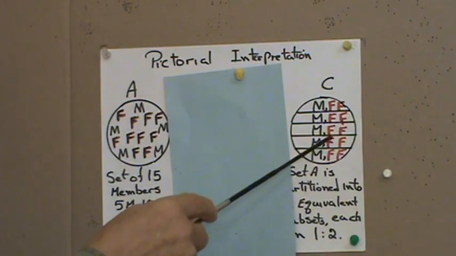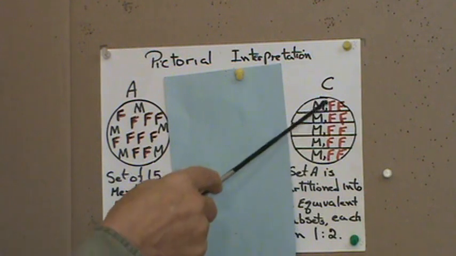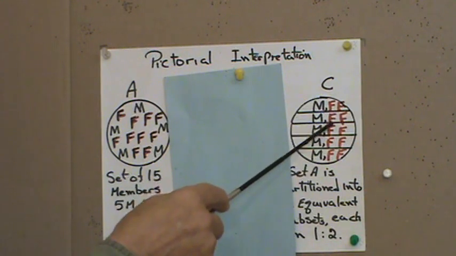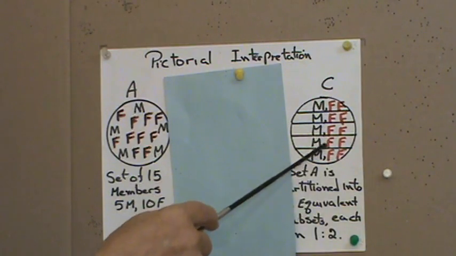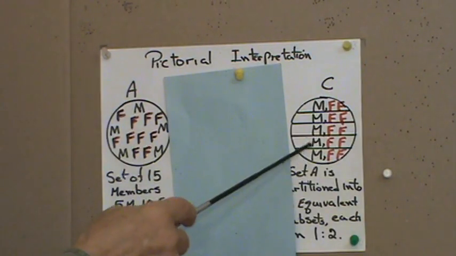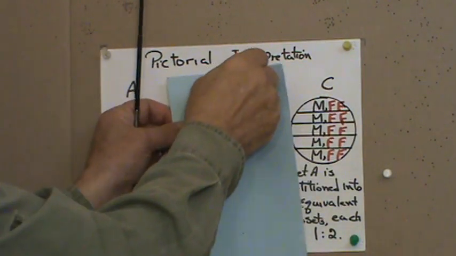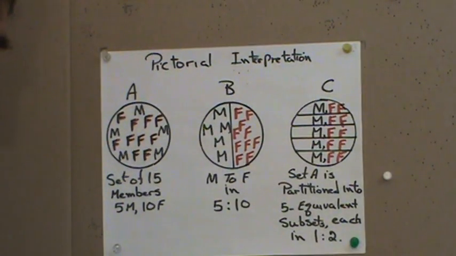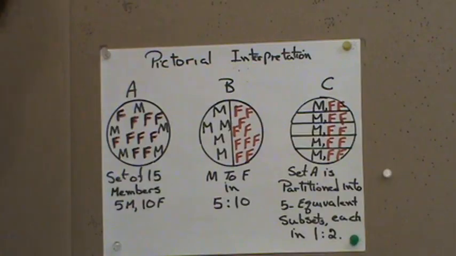Now I notice there are 5 male, and 5 times 2, there are 10 females here. There are 5 cells, each cell has 3 elements, 1 male and 2 female, so the entire population should have 5 males and 10 females, and that ends up being the case. I put it here for you. So far so good?